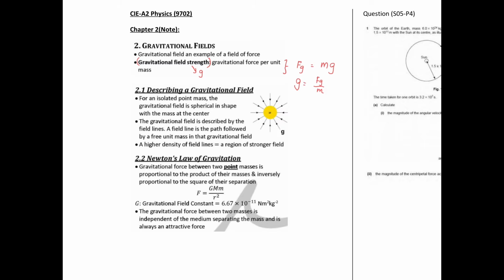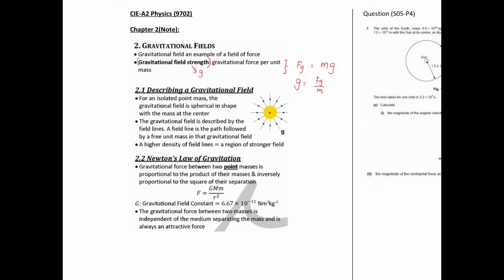Now, 2.2, Newton's law of gravitation. Gravitational force between 2 point masses is proportional to the product of their masses and inversely proportional to the square of their separation.